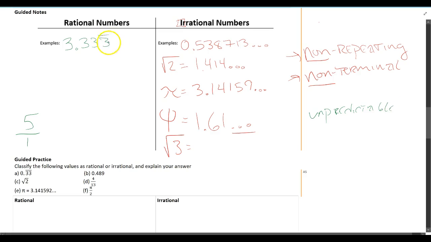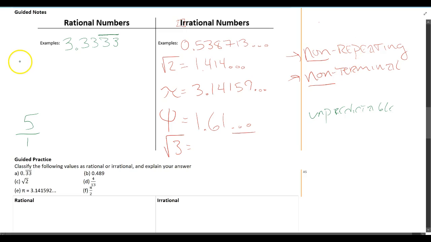Well, this is predictable. If I said, okay, what's the next number? You would hopefully tell me 3, because this line here says they repeat. If we suddenly got a 5 in here, then this symbol is wrong. So it can't happen that way. This is rational because it's predictable, it is repeating. It doesn't end, but it's repeating.